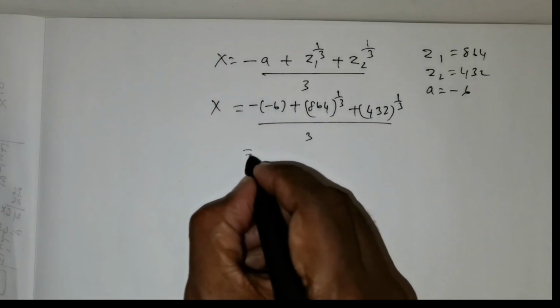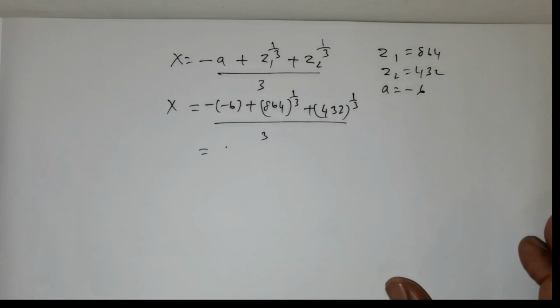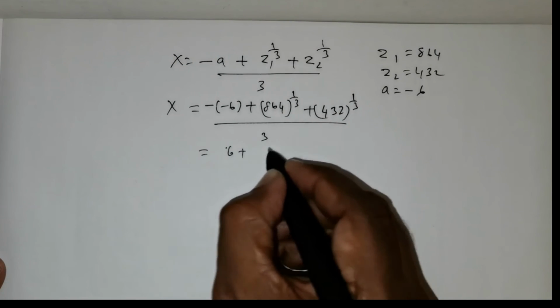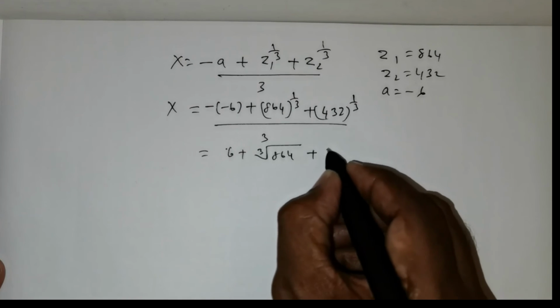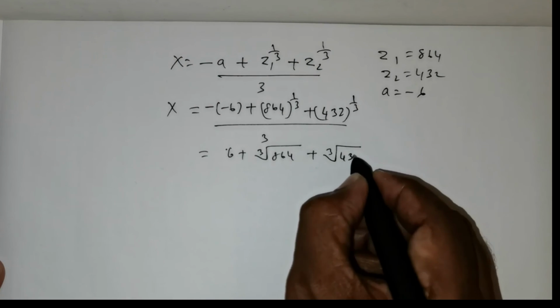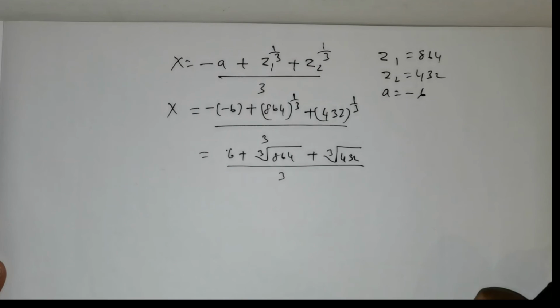So we will have to simplify this. So this is going to be 6 plus the third root of 864 plus the third root of 432, divided by 3.